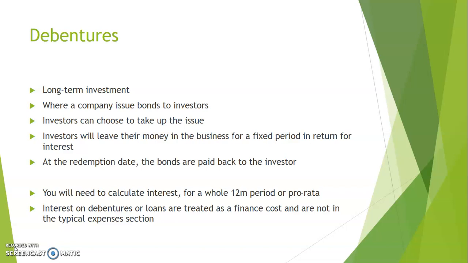Again, with a loan, you need to calculate interest, and how you would calculate interest for a loan is the same way as for a debenture. It's pretty straightforward. You have the rate of interest, you have the loan or the bond, and you just multiply the two together. If you took the bond out halfway through the year, so only for 6 months, then you do 2% of 10,000 divided by 12 times 6.